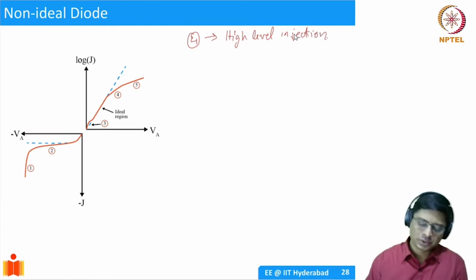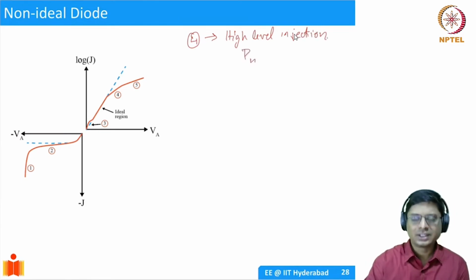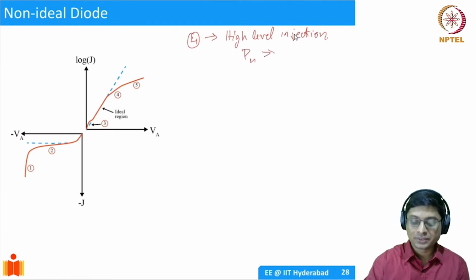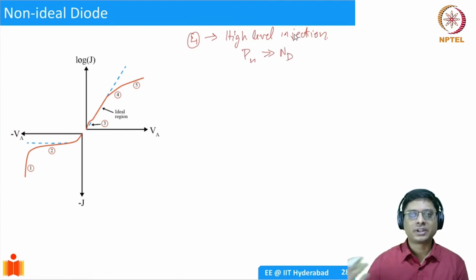So, we told you, right? We said essentially that Pn is the holes that are getting introduced into the n-type semiconductor. If this becomes greater than n naught, or rather, I should call it n in the n-type semiconductor, or you could say this is Nd, right? Nd was the donor density. So the number of electrons in the n-type is Nd.